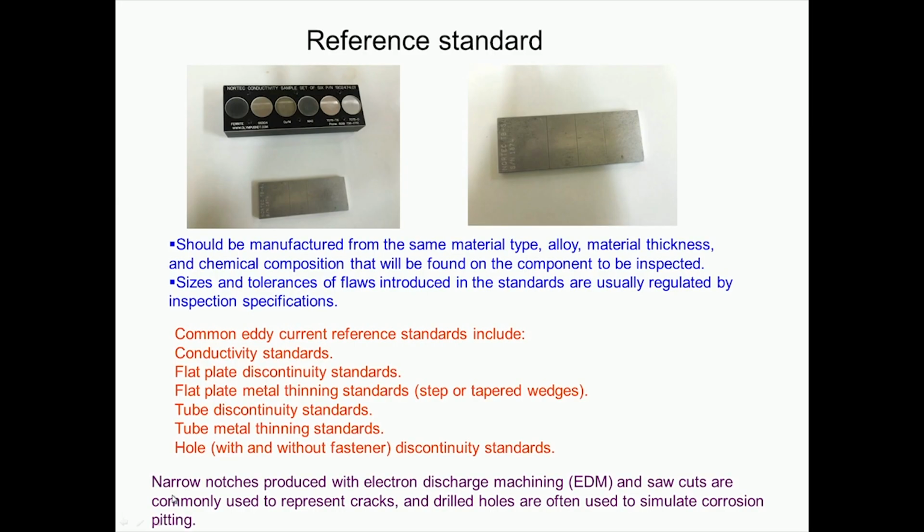So, in order to introduce any of these flaws, you need to cut them or make them on the surface very precisely. For example, if you want to replicate cracks or very fine cracks, then you should take the help of electrical discharge machining or EDM to cut these lines precisely, like what you have seen in this case.